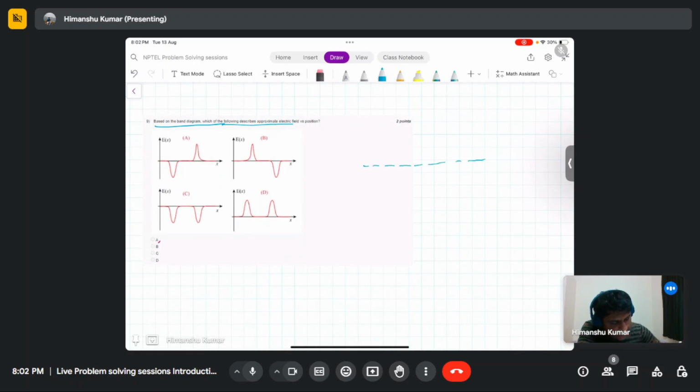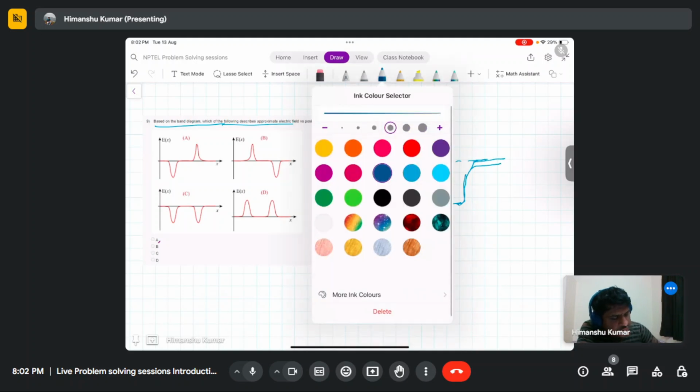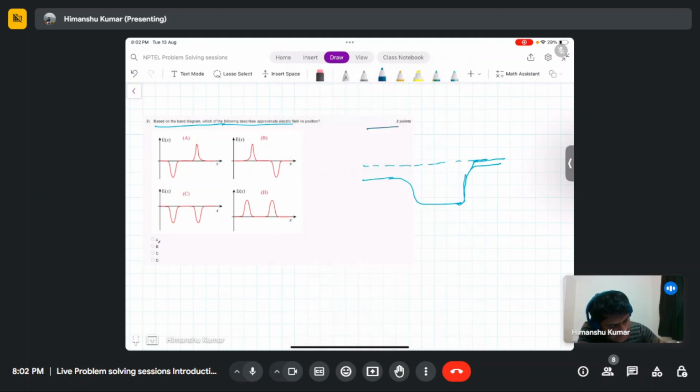This is the valence band. This is the conduction band here. Similarly, you can draw the conduction band here. So this is the band diagram picture.